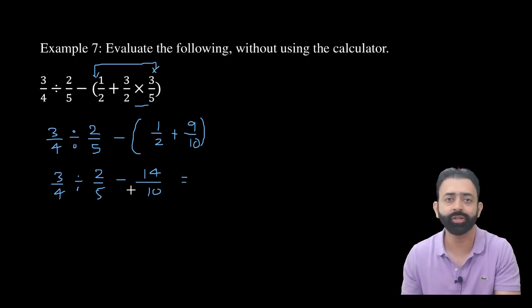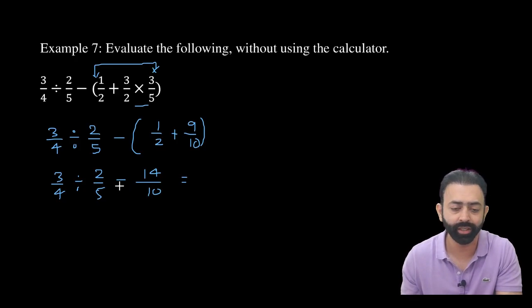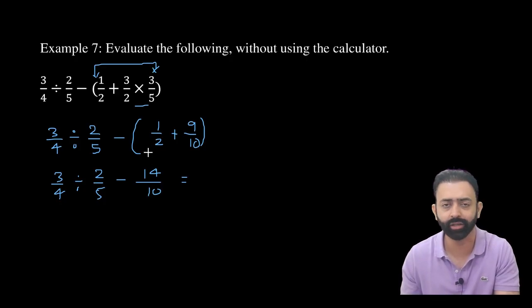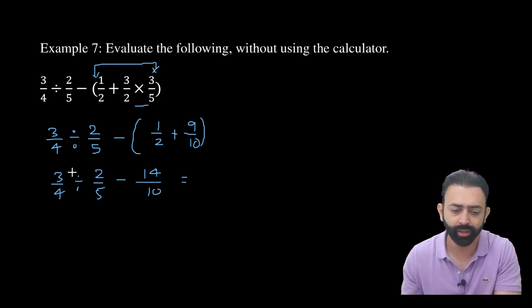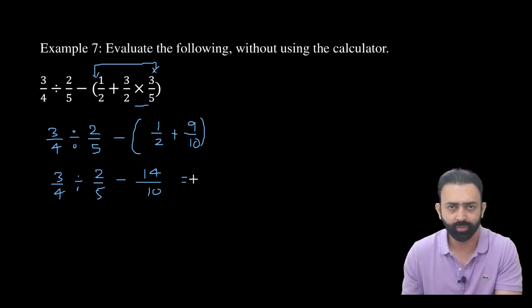Now the next order of operation is the division. We have solved the bracket, and there are no indices, so next is D, which is division. We will now solve 3 by 4 divided by 2 by 5. You must know how to deal with the division of fractions.